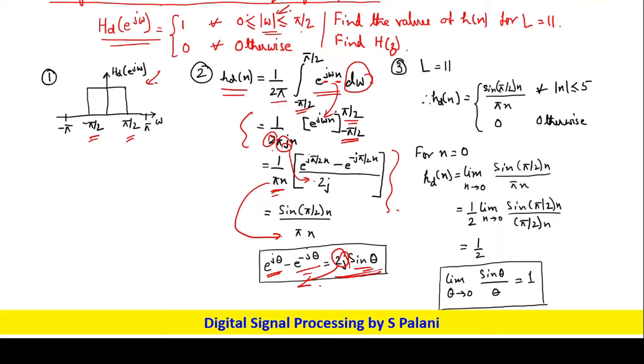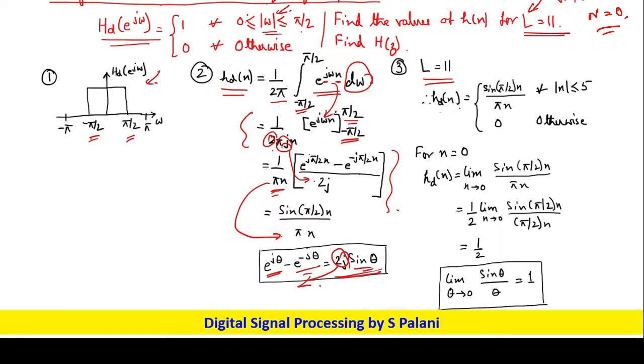Now we have discussed that over here, find the values of Hn for L equals to 11. Okay. What does this L mean? N plus 1 equals to 11, that means n equals to 10. Okay. Now here your L is equal to 11. So what we will be doing?